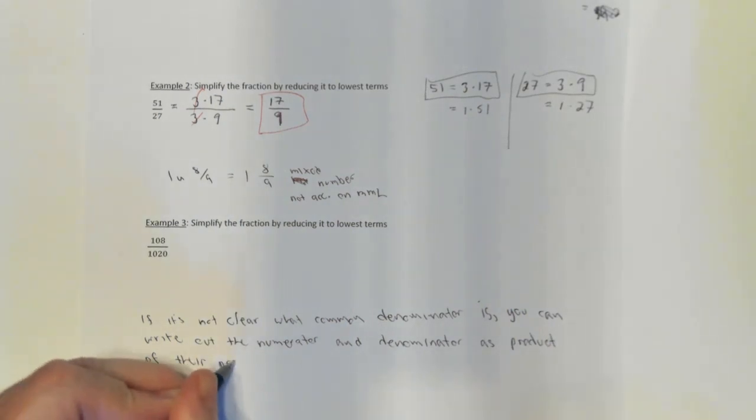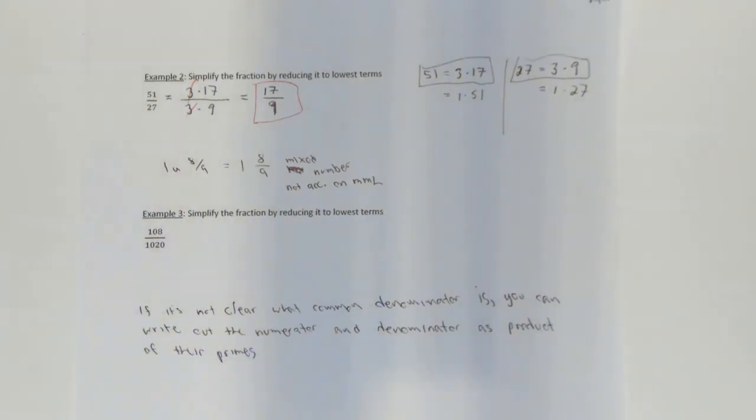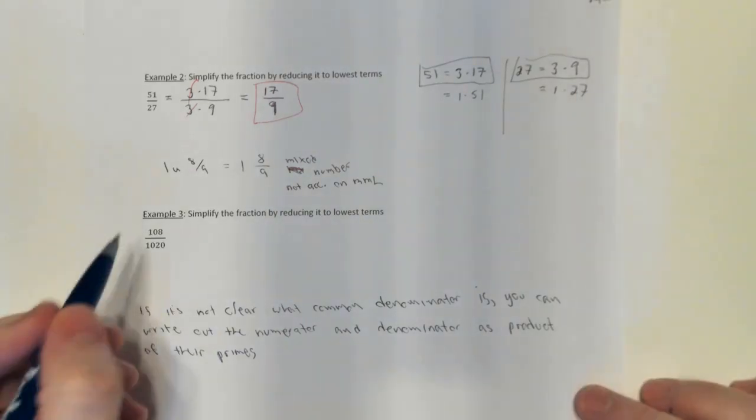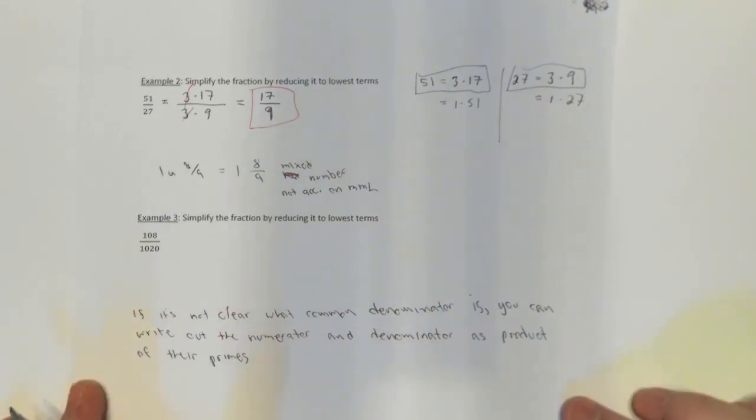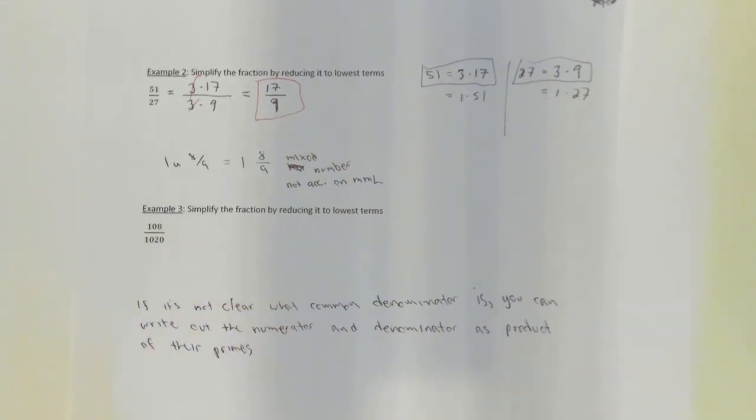So the primes are the smallest numbers that create products that make these numbers. And a prime number is only divisible by 1 and itself. The smallest prime number is 2. 1 is considered a unit.